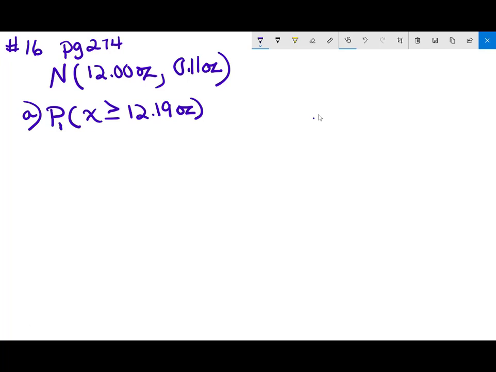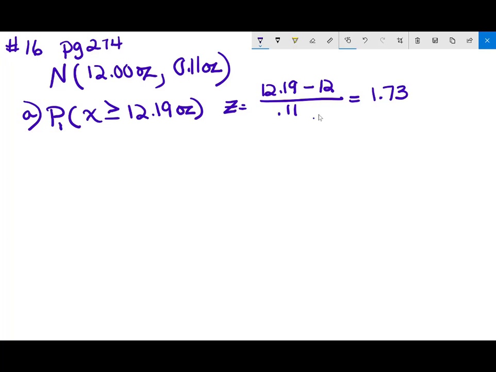I have a raw score, so I need to standardize it. My z-score will be my score minus the mean, divided by the standard deviation. When I do that, I get 1.73.